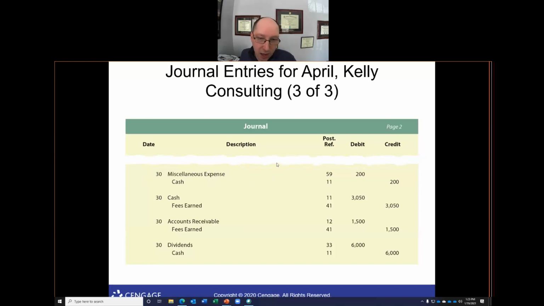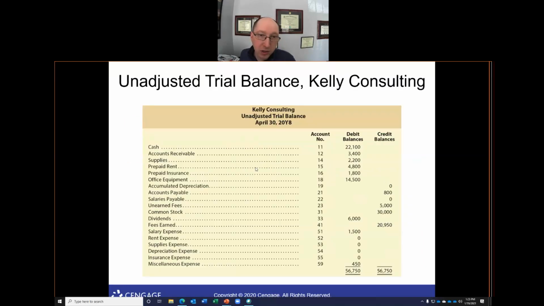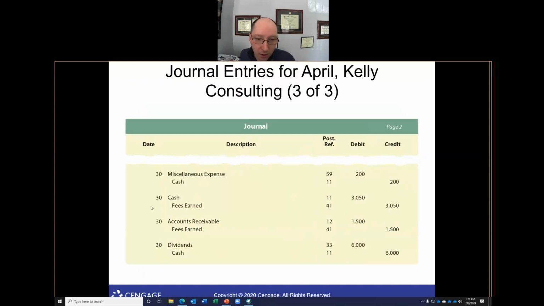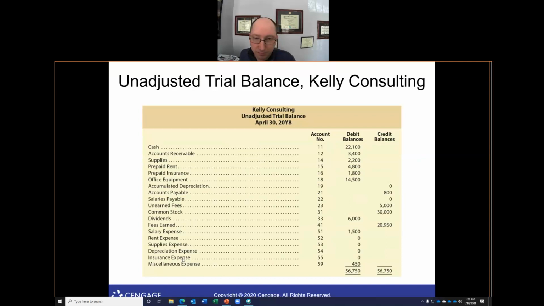It represents where your adjusting entries begin. So we have some adjusting entries: miscellaneous expense, the cash fees earned, accounts receivable, fees earned, dividends, cash. The next step of the accounting cycle is we prepare the unadjusted trial balance for this company.